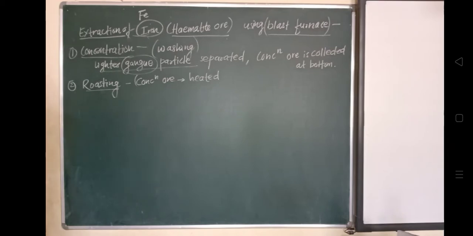The sulfur and arsenic impurities present in the ore get converted into their oxides.